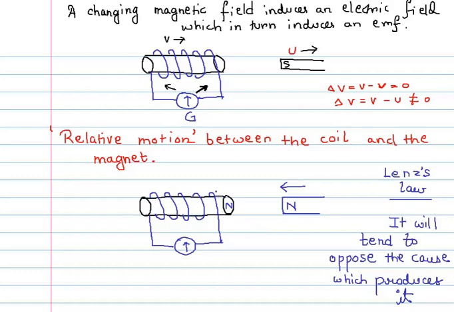So the current direction in this side of the coil should be such as if it's like the north pole. Now this is something we had studied previously, that if you have a circular coil like this, then a certain face is the north pole if the direction of current is anti-clockwise. That means in this direction, the direction of current should be anti-clockwise.